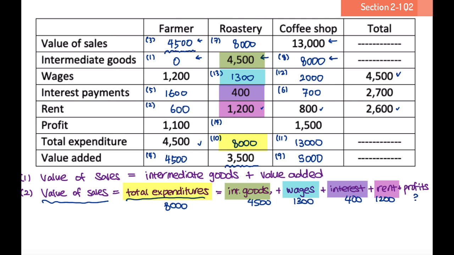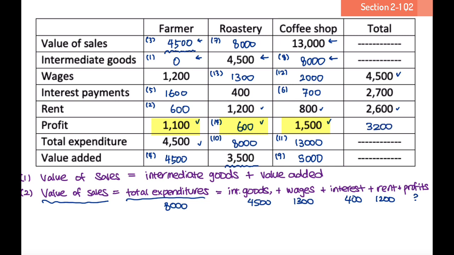So again, subtracting 4,500, 1,300, 400, and 1,200 from 8,000, you get the roastery's profits, which is 600. And summing up the profits of the farmer, roastery, and the coffee shop, we get the total profit generated in this economy, which is 3,200.